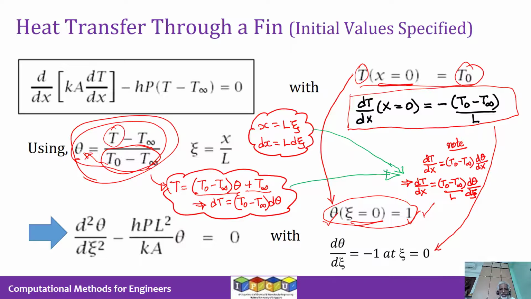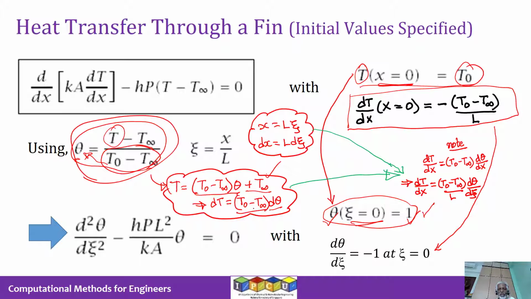And then when you apply the derivative on both sides, you get dT on the left hand side. On the right hand side, we know T infinity is a constant, so the derivative of that is 0. T naught minus T infinity is constant because of our assumption, and therefore it can be pulled out and you get d theta.